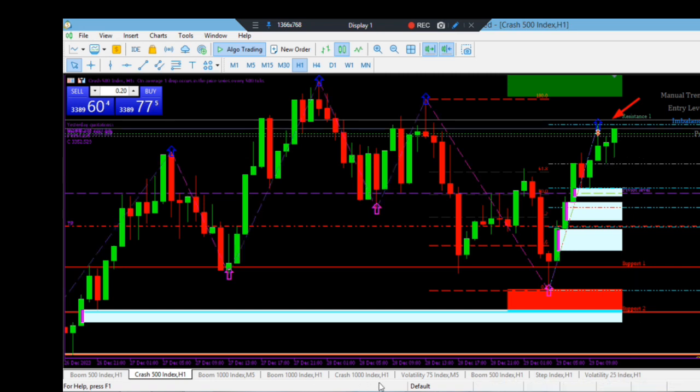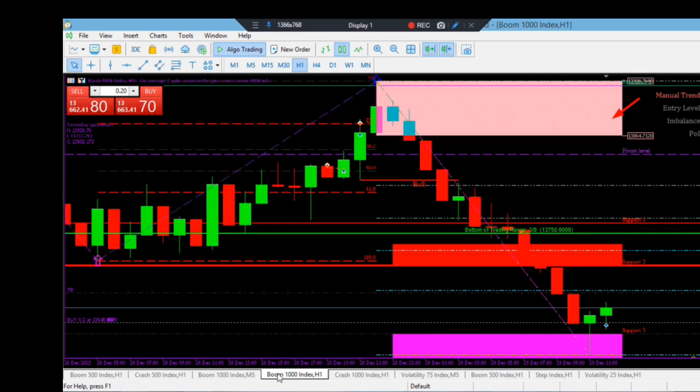So when we go back to Boom 1000, you still see a similar issue again. That was a similar act. This price is going to hit this level, even more than that. If you check how much it's going to bring, that is $6. So with this kind of strategy, if you have $15, you can be trading this strategy and opening one lot. That means one position. So at least $15 to $20.